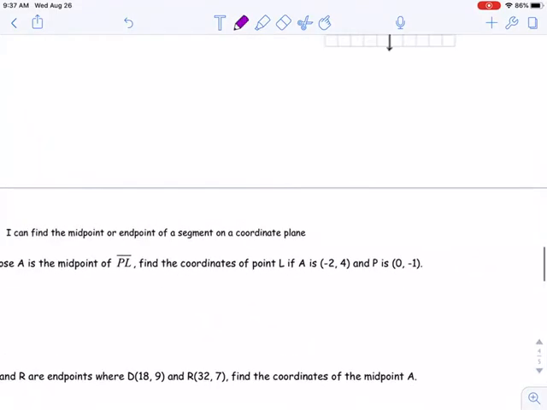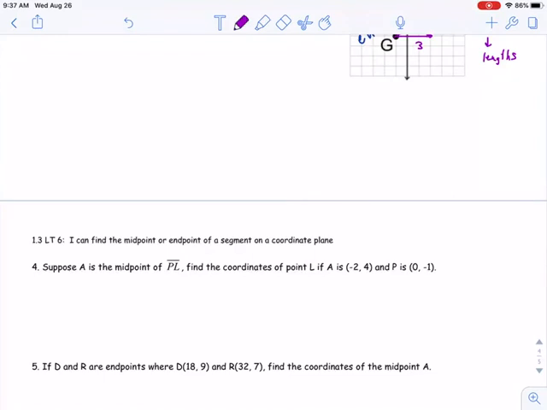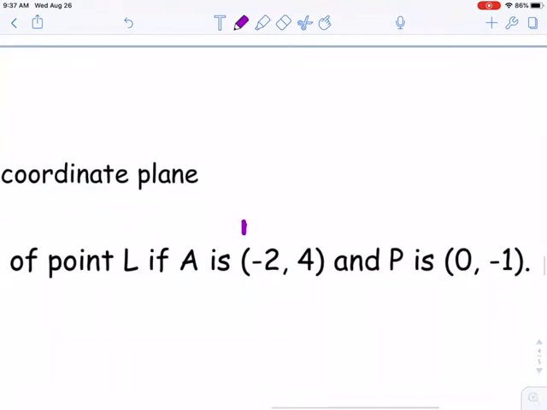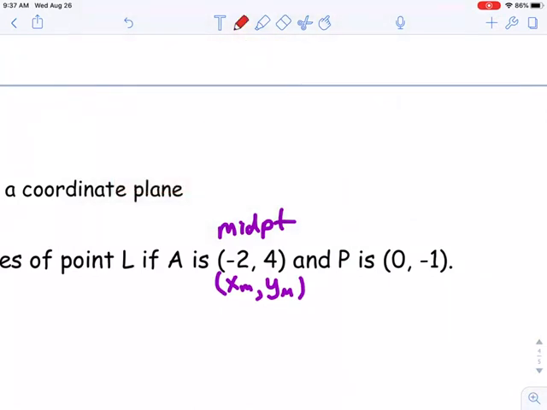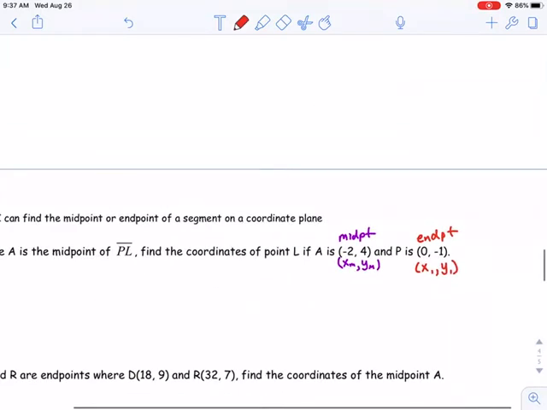So, A is the midpoint of PL. So that means that A right here, this is a midpoint. So I'm going to call that XM, YM. And I kind of referenced this earlier. And then we got P, which is an endpoint. So this can be X sub 1 or Y sub 1 or X1, Y1, or X2, Y2, it doesn't matter.